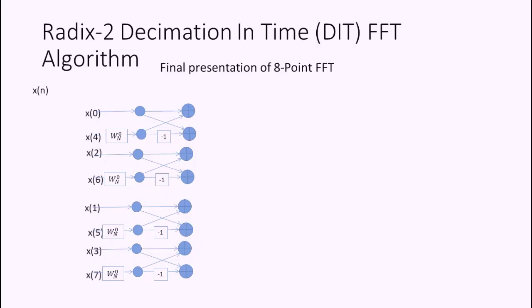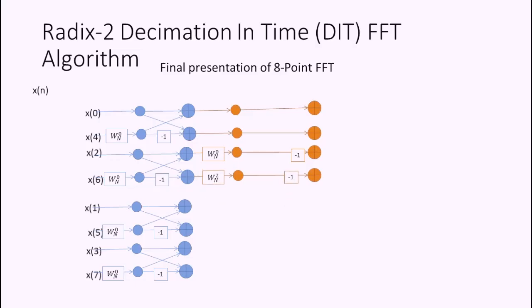So here we compute four 2-point DFTs and we get 8 outputs. So in the second stage, the first 2 outputs are taken as same, and the third and fourth outputs are multiplied with W_N to the power 0 and W_N to the power 2 respectively. And after multiplication we take the output multiplied with -1 also.